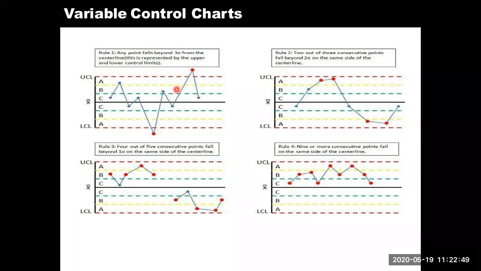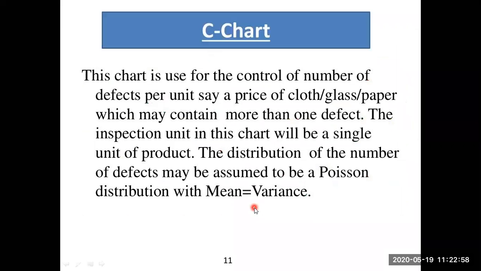Then what happens? These 2 points are inside the upper control limit and lower control limit. Okay, next, C chart. C chart, we have already discussed, is used for the number of defects, that means defects per unit. Suppose 1 meter of cloth, how many defects are there?